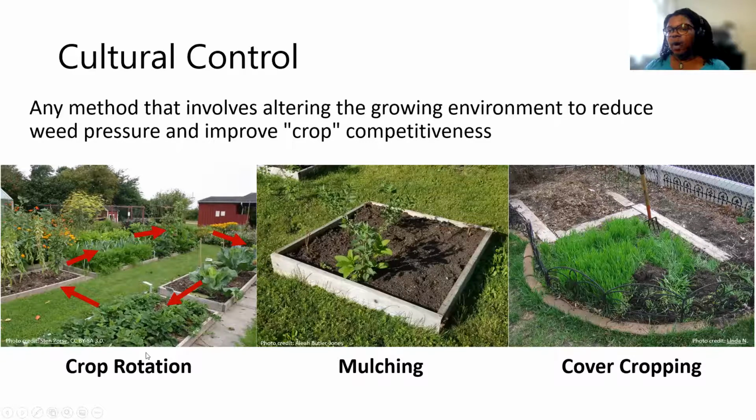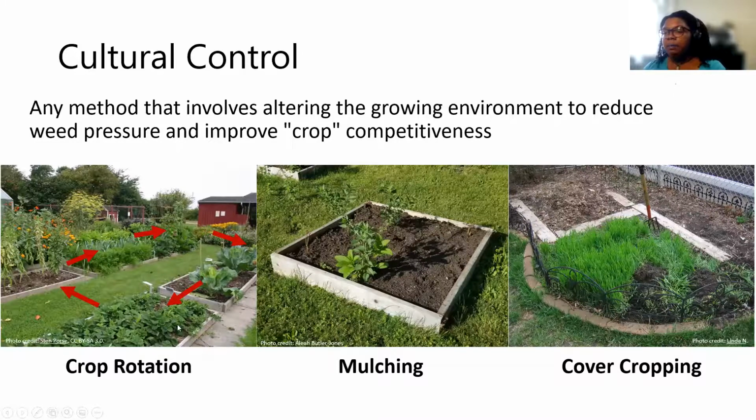In one bed, someone's growing what appears to be cabbage, and in the next bed, we have strawberries. So next year, ideally, this person would not grow cabbage in this bed or any brassica. They would grow maybe tomatoes or eggplant, or strawberries, or something else in a different plant family.